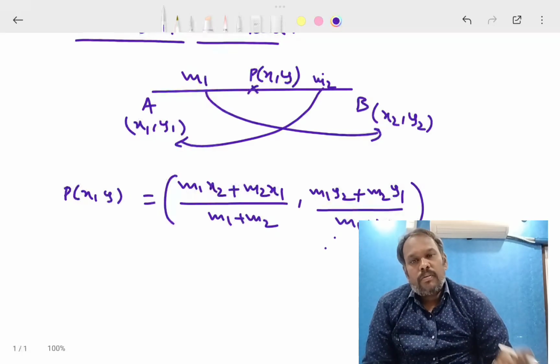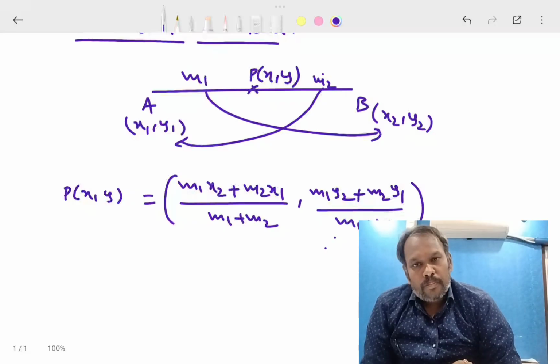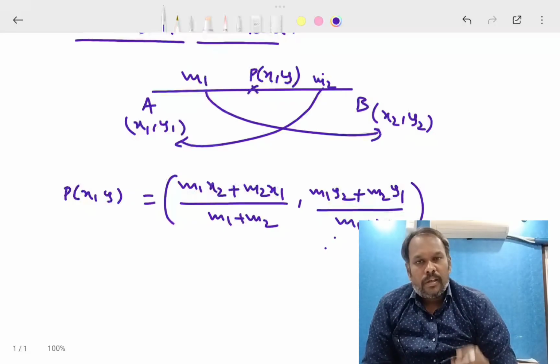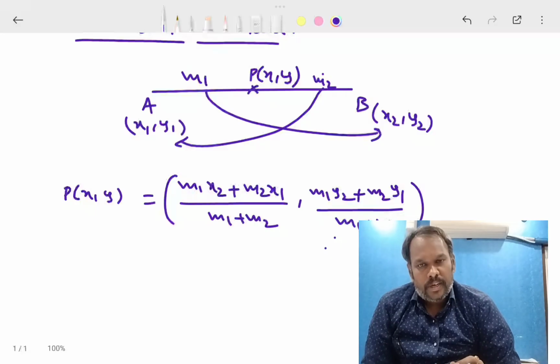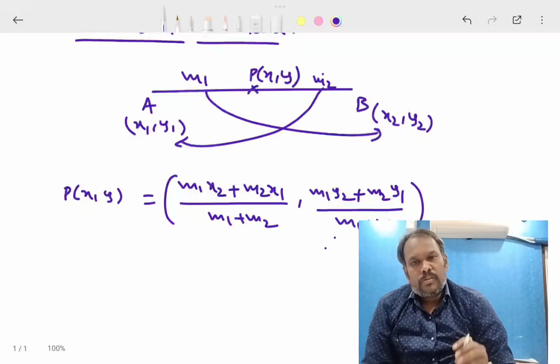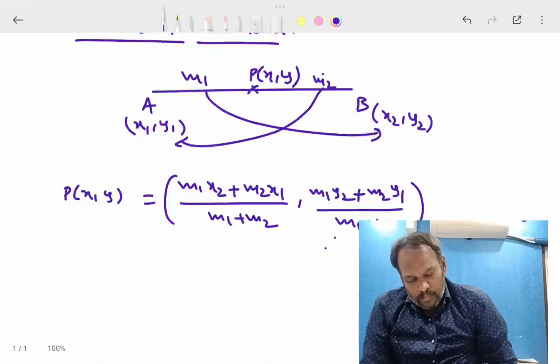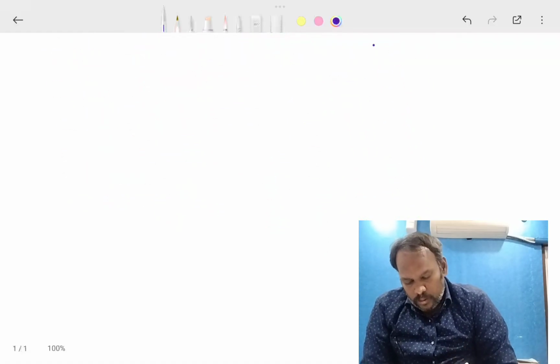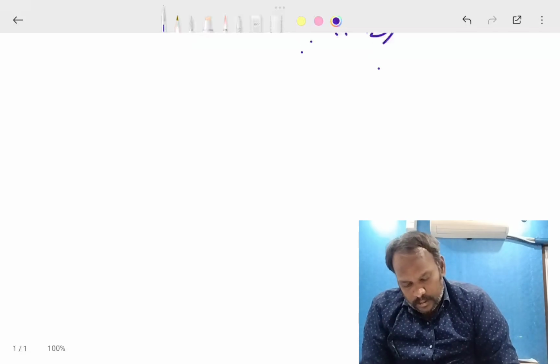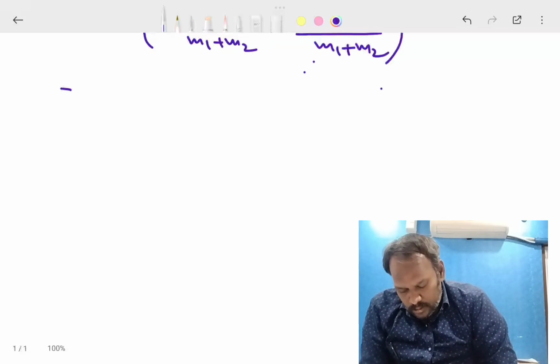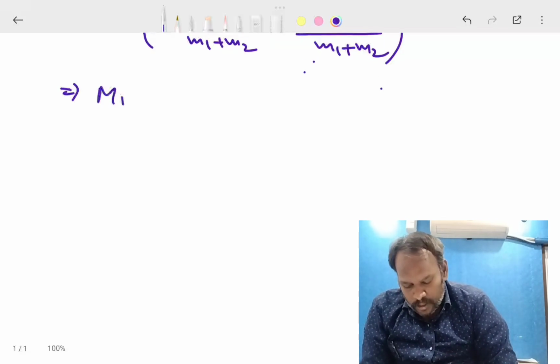Here sometimes they will give the P point coordinates. You have to identify the ratio. We need to find the ratio. For that also you can use the same formula and find. And the next formula, midpoint formula.